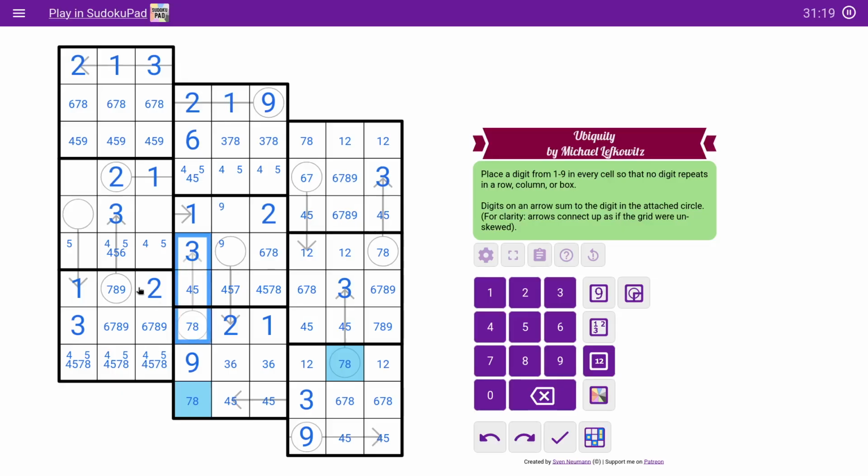I feel like some of these arrows should be better constrained. Maybe I can say that these two must be unequal. These two are unequal. Does that help?